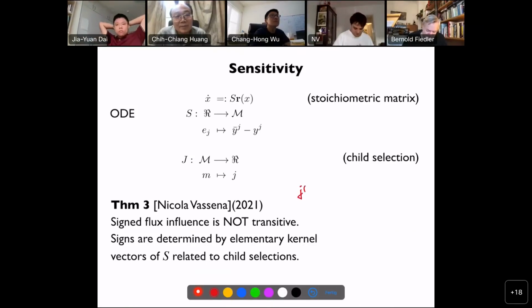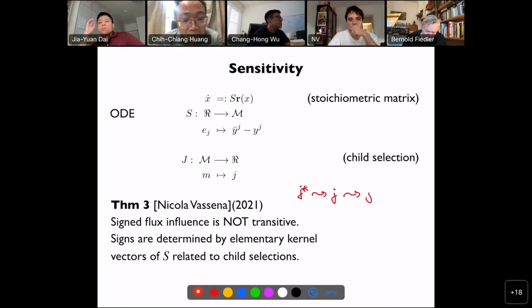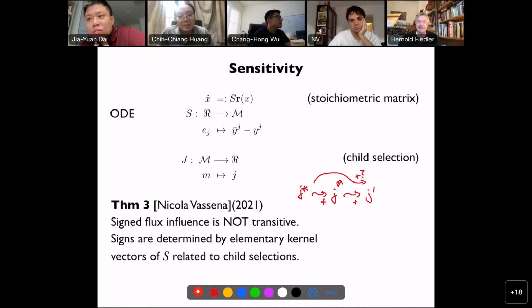So J star, J influencing J prime, and then it should go from here to here. Shouldn't this be obvious? If an increase of J star increases the flow rate J, and if an increase of the flow rate J increases J prime, does that imply a plus here? And he says no.